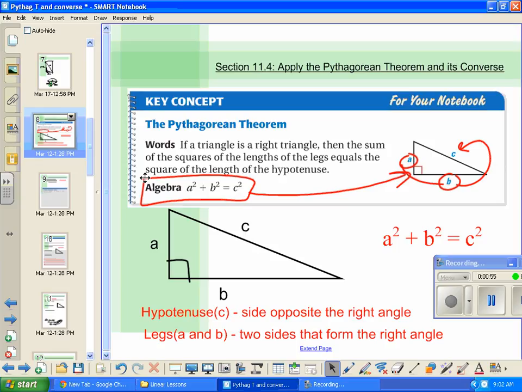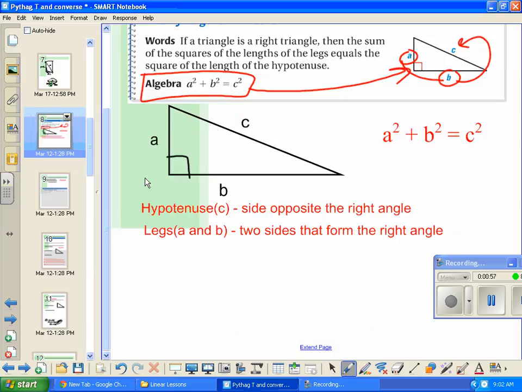Just some key terms that we use for the right triangle also. The hypotenuse stands for the side opposite the right angle. So here's my right angle. There's C. That's usually termed as C for a variable, but it's always the side opposite the right angle. That has to be the longest side in the right triangle, and that has to go in for the variable C when we're talking about the formula.